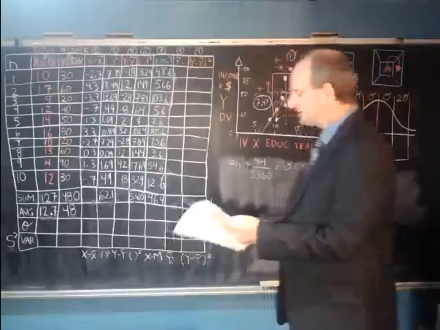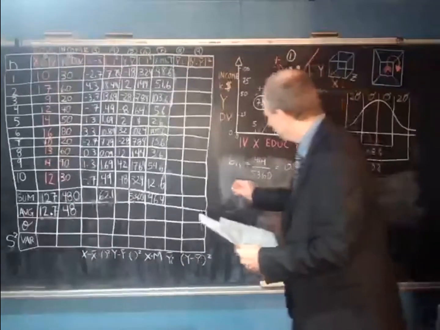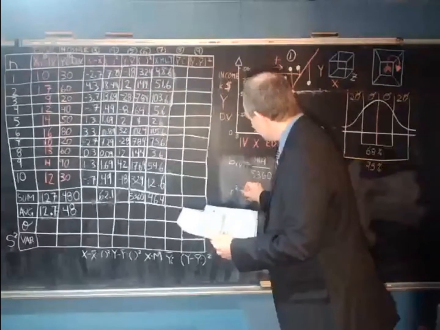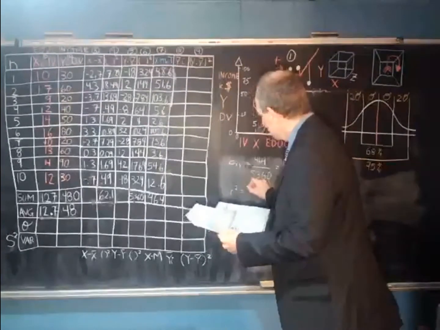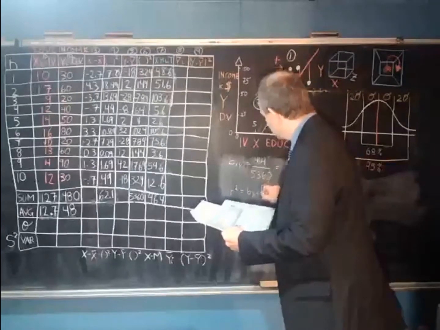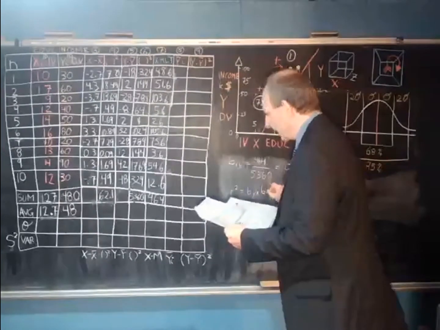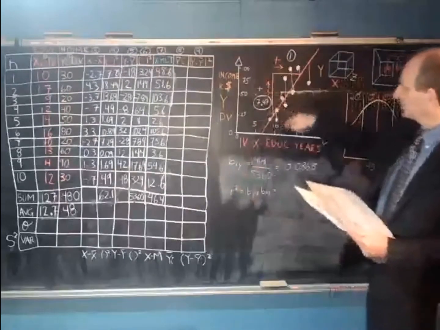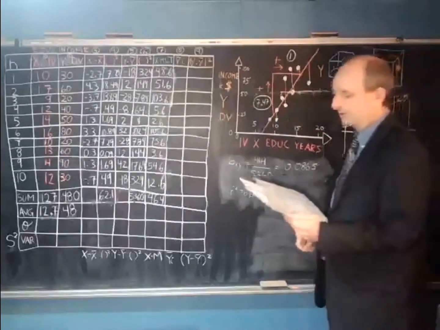Now step 18, here we're getting to the correlational statistic, which is r squared, which is going to be b subscript yx times b subscript xy. In this case, we have a small r squared because we're looking at a bivariate correlation here.